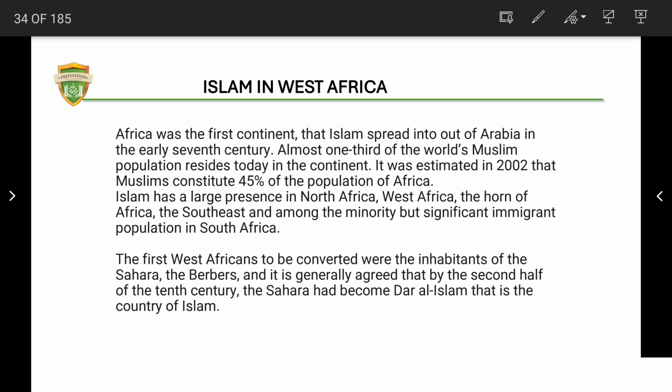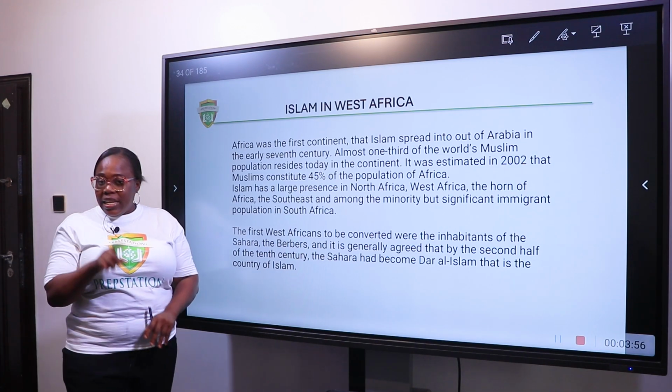So, the first West Africans to be converted were the inhabitants of the Sahara. We now go back to the trans-Saharan trade. The Berbers, and it is generally agreed that by the second half of the 10th century, the Sahara had become Dar es Salaam, that is the country of Islam.